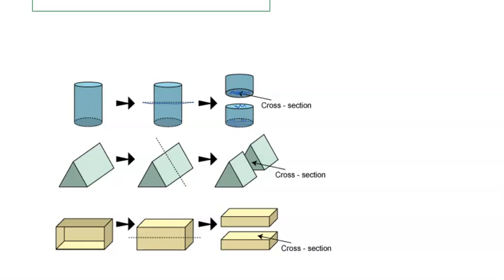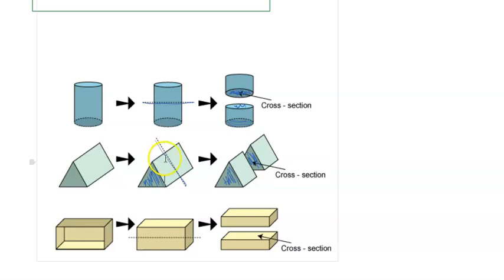Same thing with this triangular prism. If you cut it, it will form a cross-section, which is exactly the same face as the one on the end. So these cross-sections in prisms match that face at the bottom.